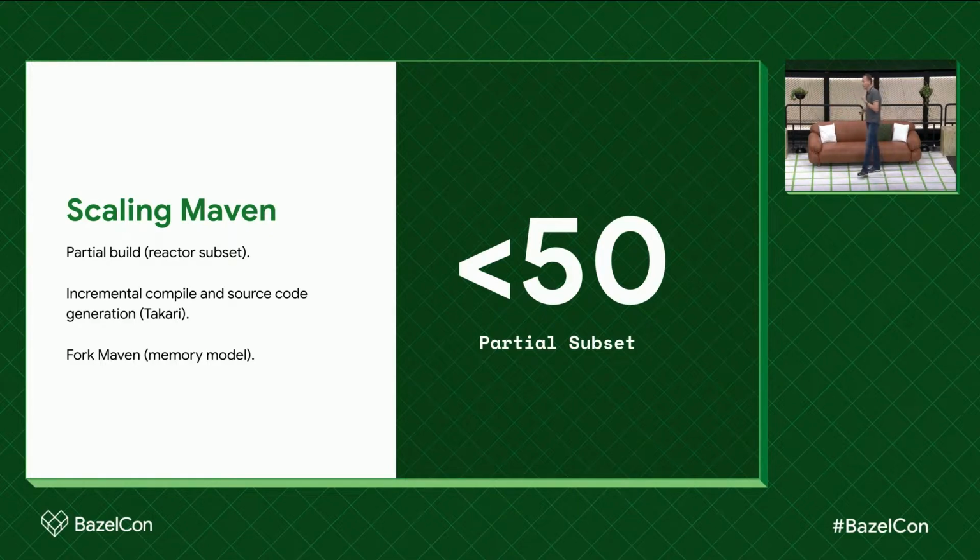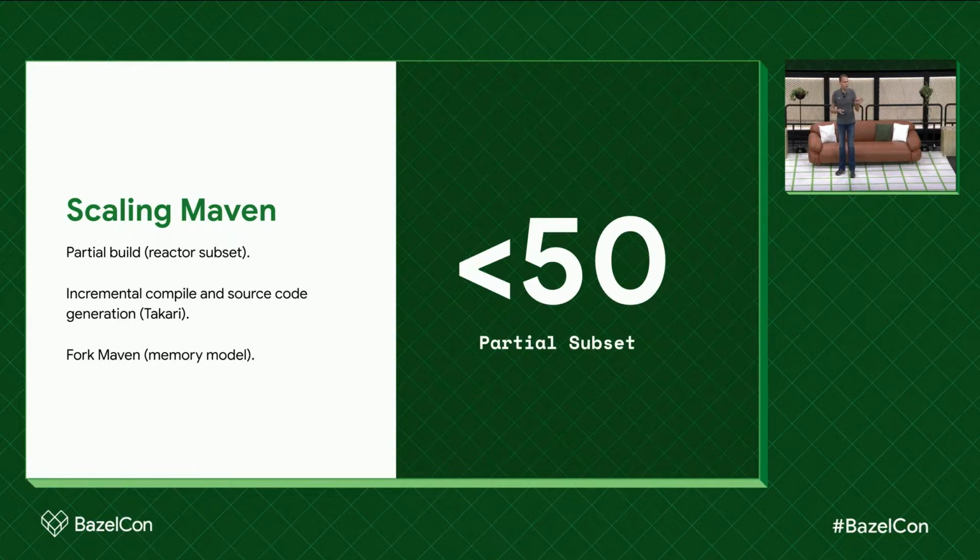The other critical piece is that there was still the original module, which is like a giant Maven module, and just compiling that module itself is 10 minutes. So they decided we need to make the Java compilation within the module itself, as well as the source generation, incremental.